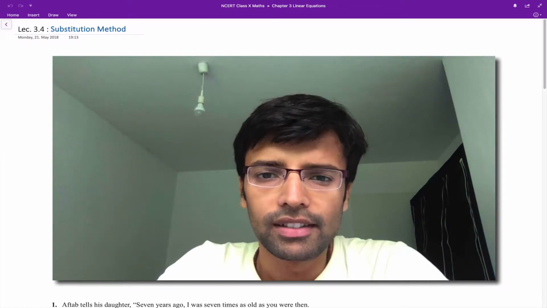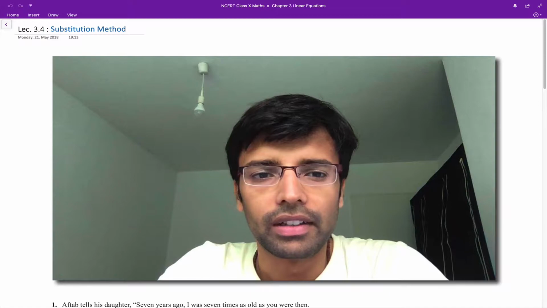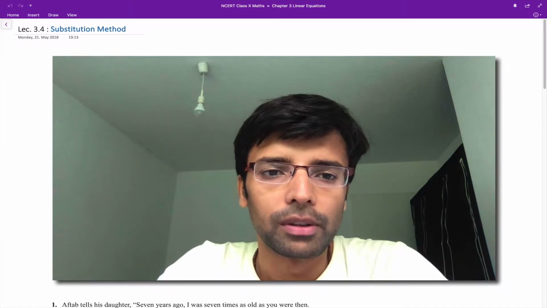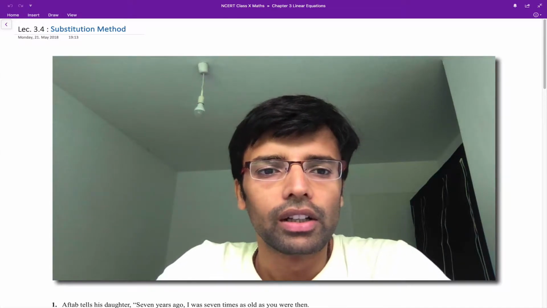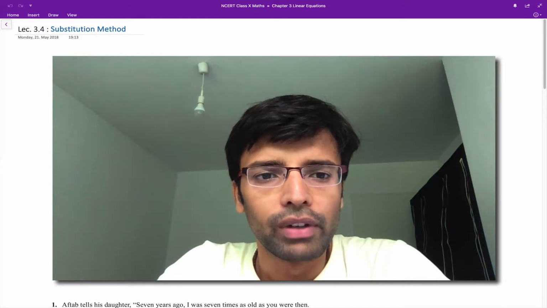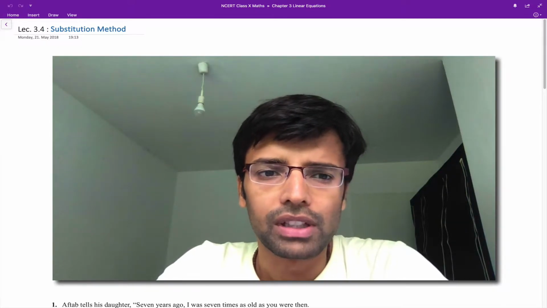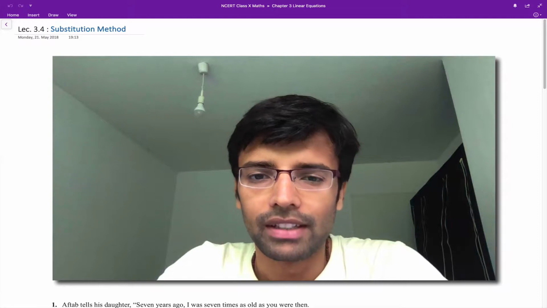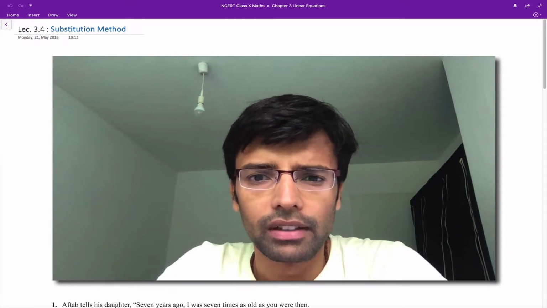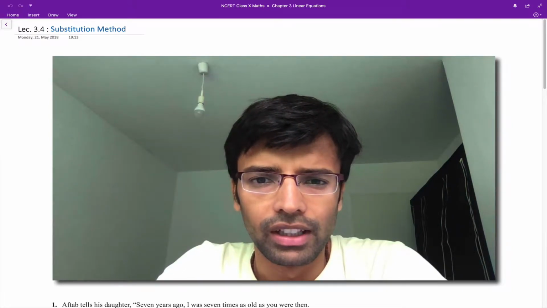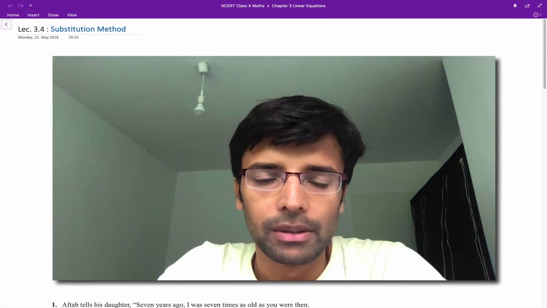So in our past lectures we have looked at the graphical methods we can use to solve a pair of linear equations. Now the graphical methods work very well in case we have solutions as integers and you can exactly locate the points in the graph to find the intersecting point, their exact values.